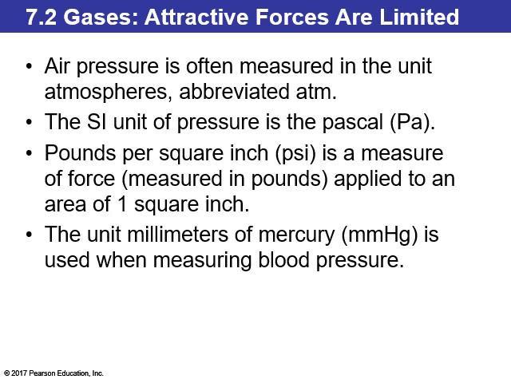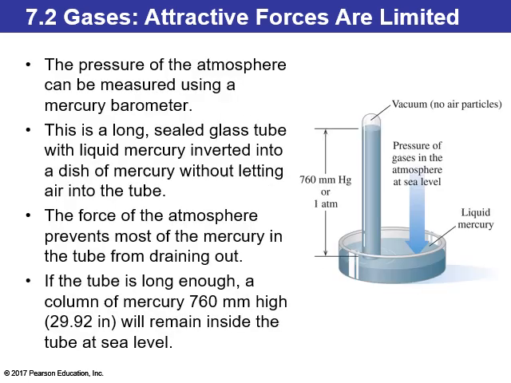So a lot of our early medical texts were written using the standard millimeters of mercury. We've moved on as chemists, we use the atmosphere a lot, but we still use millimeters of mercury in a medical sense when we're talking about pressure, especially blood pressure. So just be aware of that. It's a different unit than what we're going to discuss when we're talking about our gases.